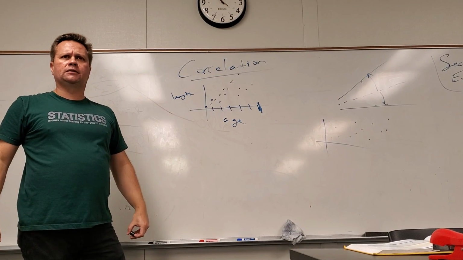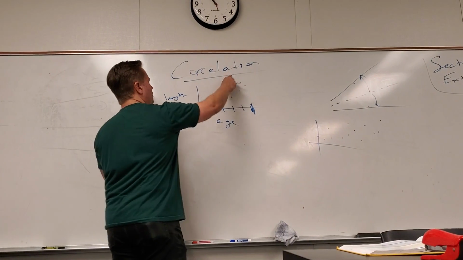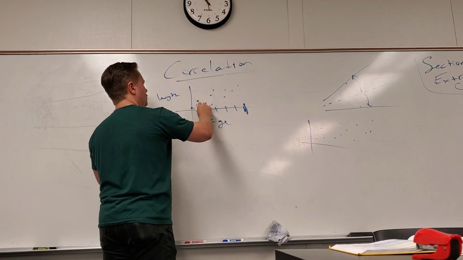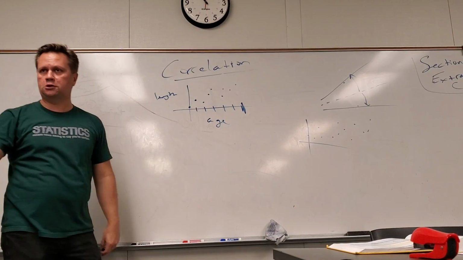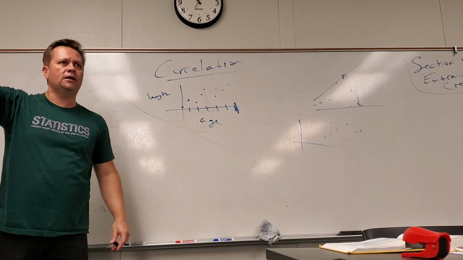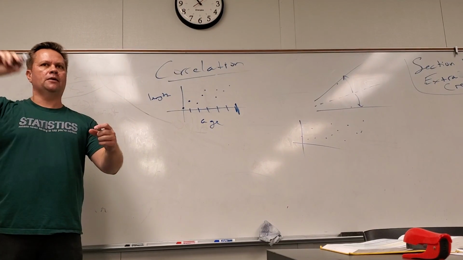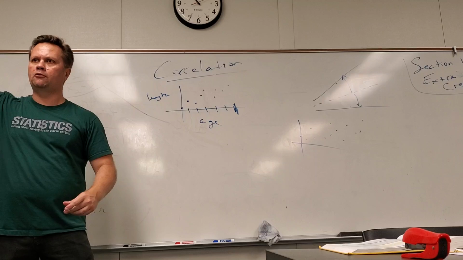One quick answer is it doesn't run down the middle. But how do you get a feel for what the middle is? Well, if you have a teacher like me who's going to give you a sheet where you have to draw your own line, you might have to draw that line a couple times. The first line you draw is in pencil, so you can erase it, because almost definitely your first line is going to be wrong.